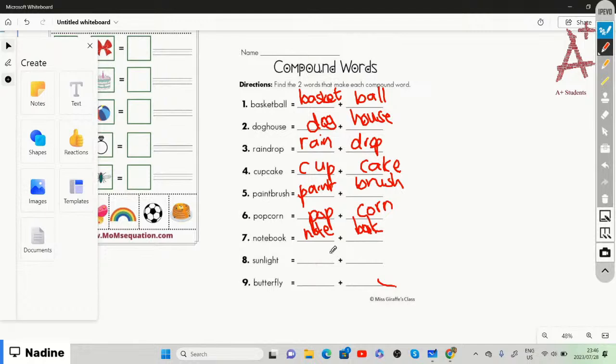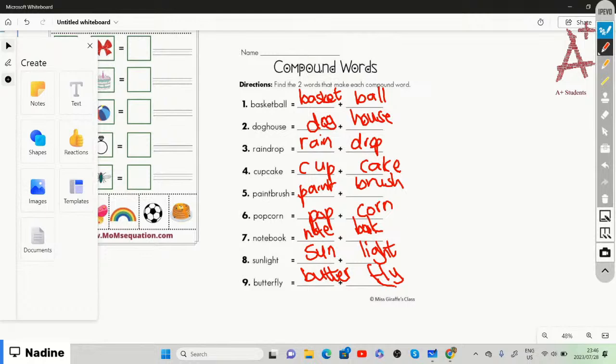Then we have sunlight, which is sun plus light. And then we have butterfly, which is butter, almost like a block of butter, and a fly, right? So butter plus fly equals butterfly.